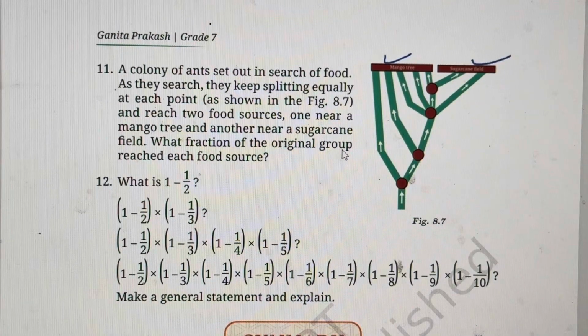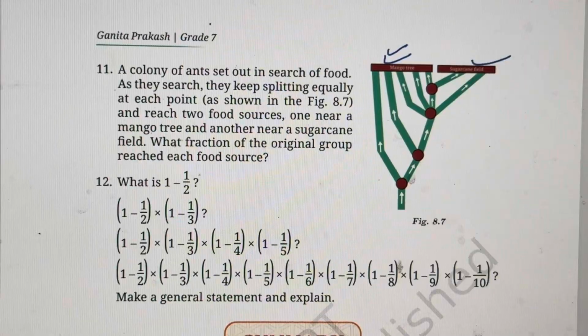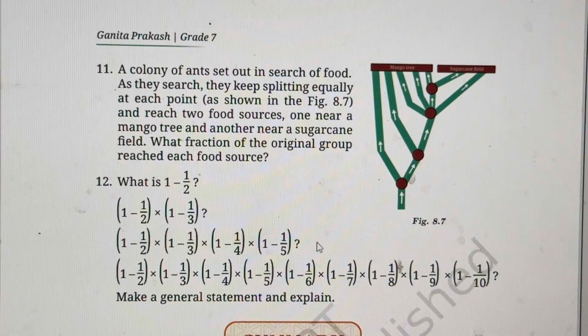What fraction of the original group reached each food source? So what fraction of ants reached here near the mango tree and what fraction reached near the sugarcane field? That's our question. Okay. So if we start from here, we take it as a whole, like whatever number, 100,000, whatever that is, that many ants started over here and then they split into 2, right?